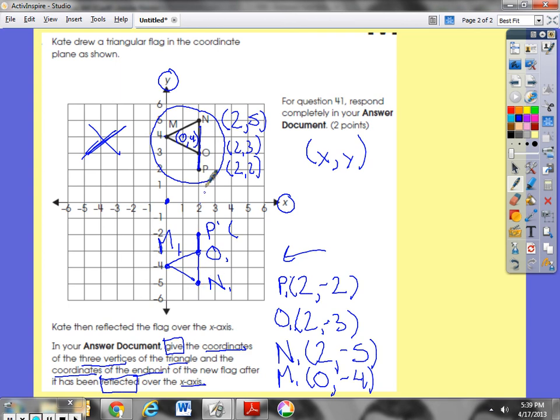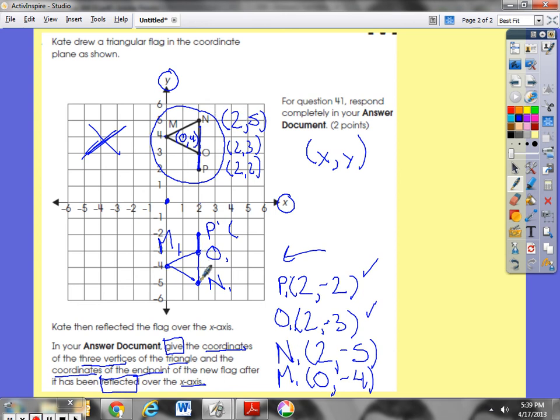So double check here. P was at 2, 2. If I reflect over the x, the y value becomes the opposite, so that'd be 2, -2. Check. O is at 2, 3 in the original image. The new image should be 2, -3, which I have. Check. N was originally at 2, 5.